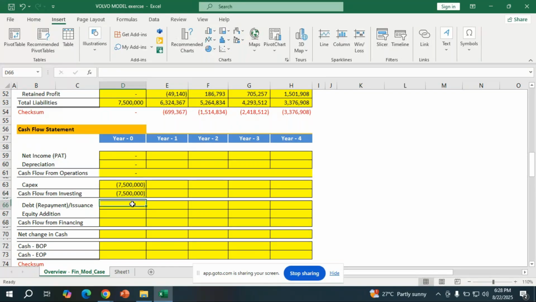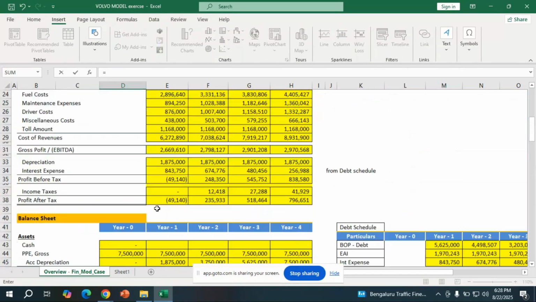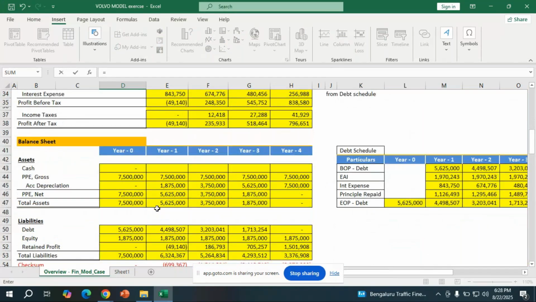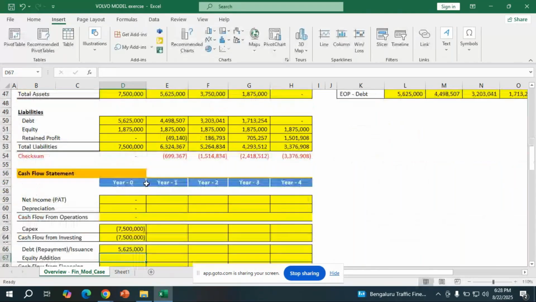Okay. Next, the debt repayment. Here you can take the reference, equals to. So what is the debt repayment for the first year? This only. Okay.